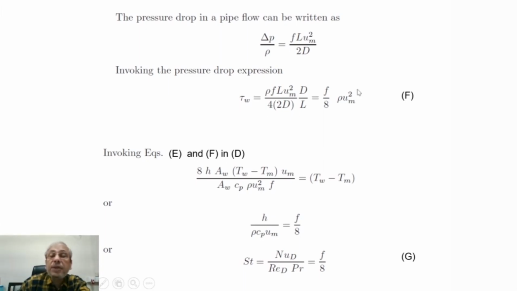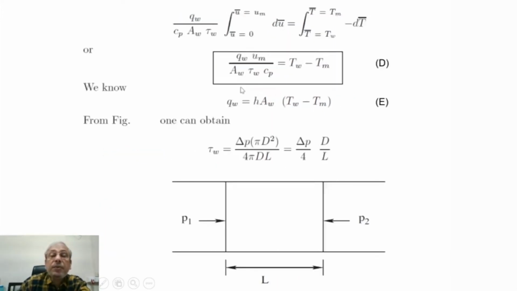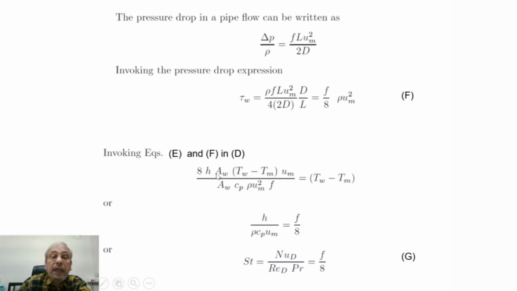Now this expression for tau W and this expression for heat transfer rate at the wall, if we invoke in this equation, equation D, we will get this relationship: 8 h Aw (Tw minus Tm) into um divided by Aw Cp rho um square into friction factor equal to Tw minus Tm.